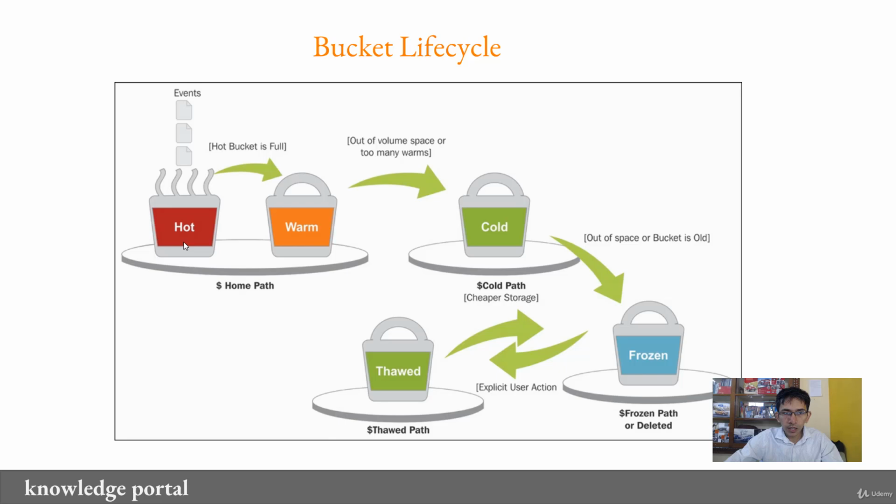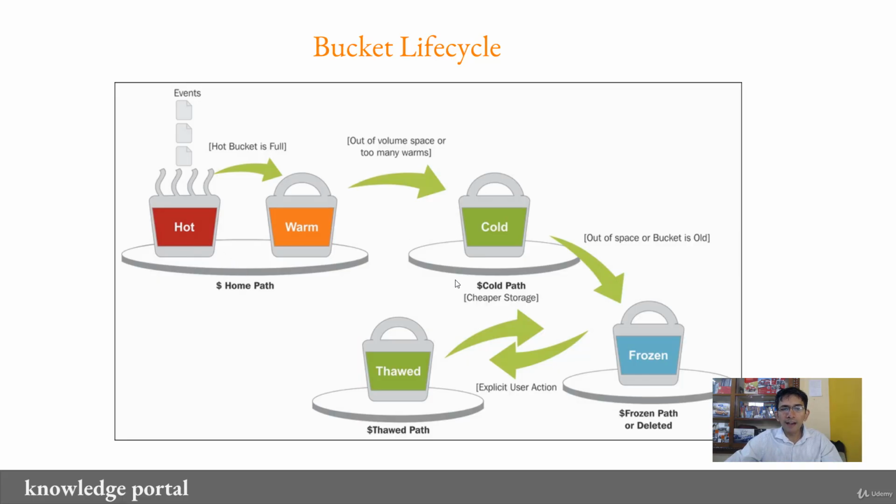Whatever disk you have for the hot and warm buckets needs to be very fast. Otherwise, you will have a lot of performance impact. This is the reason why the requirement for disk IOPS and various other disk performance metrics is very high, depending upon the data volume, for hot and warm buckets.